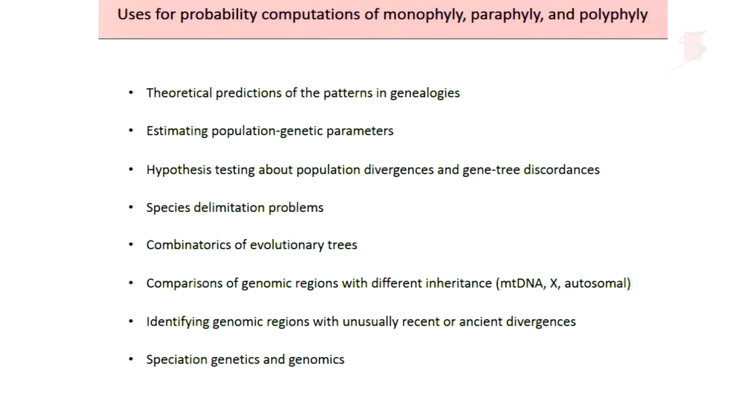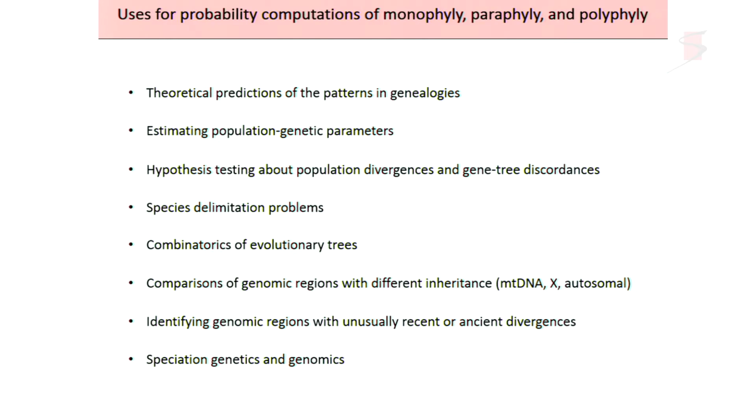These probability calculations on tree shape have appeared in quite a number of contexts, and I'm just listing some of them here. Theoretical predictions of patterns in genealogies, so just trying to understand what we might expect to see if we sample genealogies for multiple species. Estimation methods that rely on tree shape.